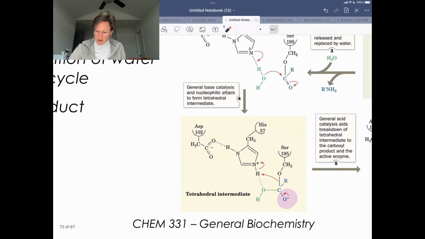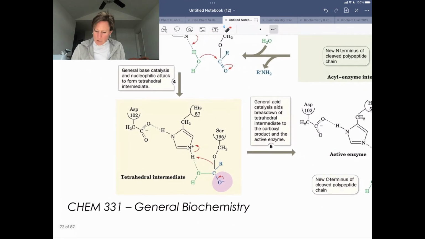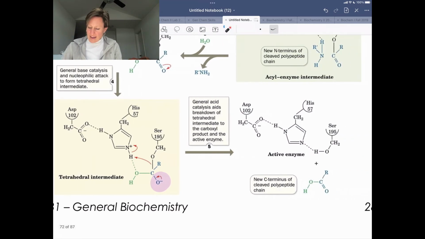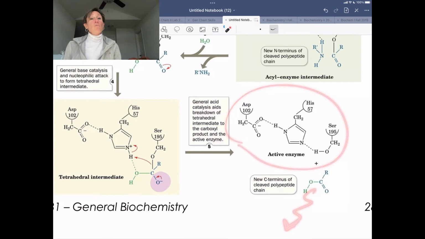So coming back down here, decomposing this tetrahedral intermediate, breaking that acyl enzyme bond, that's going to be facilitated by histidine 57 acting as a general acid. And ultimately, when we're all done with this chemistry, that C-terminal peptide can diffuse away from the enzyme active site, and everybody has been regenerated in their active state.